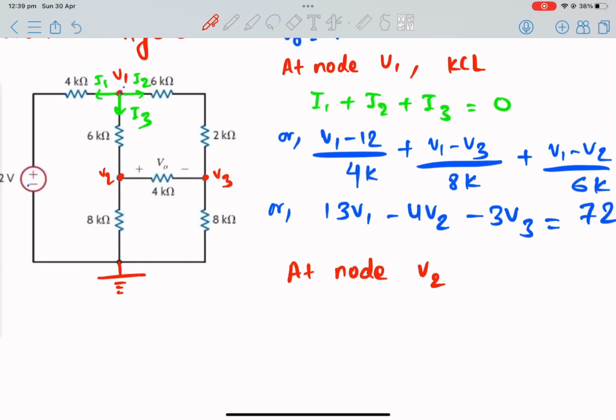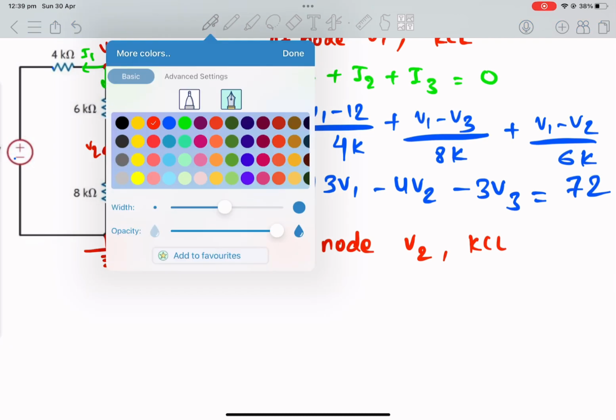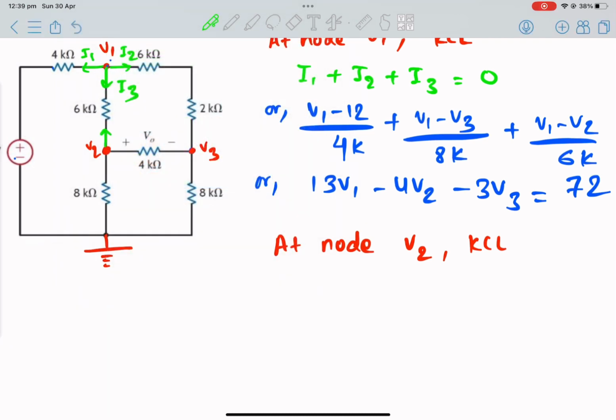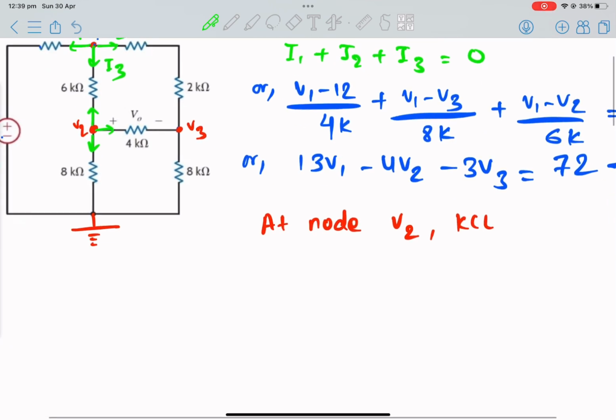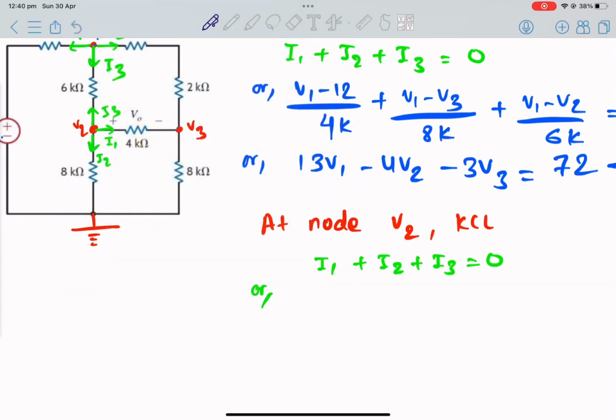Now let's take another node, that is node V2. Again use KCL. That gives us current flowing in this direction, this and this. Let's suppose this is I1, I2, I3. So I1 plus I2 plus I3 equals 0. What's I1? I1 is V2 minus V3 over 4.